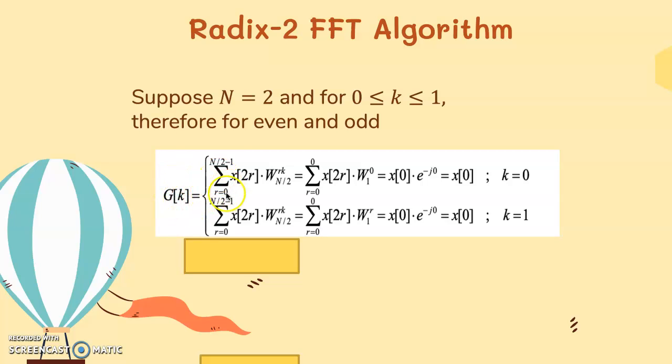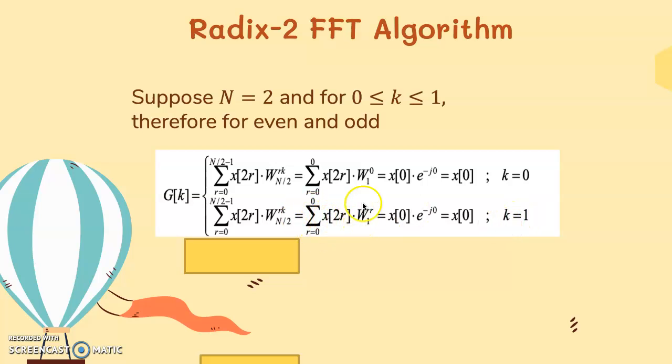So G[k], remember this is even, the summation from r equals 0 to N/2 minus 1 of x[2r] W_(N/2)^(rk). Here r is from 0 to 2 over 2 minus 1, which is 0. So x[0] W_1^0, so it becomes x[0] e to the power of minus j0. So it becomes x[0] at k equals 0.